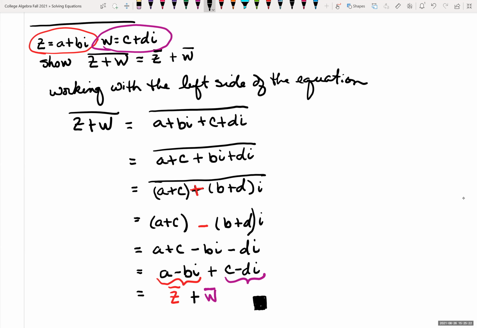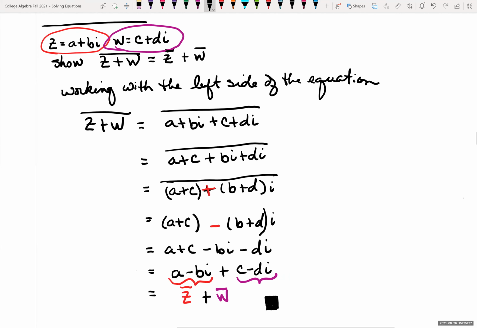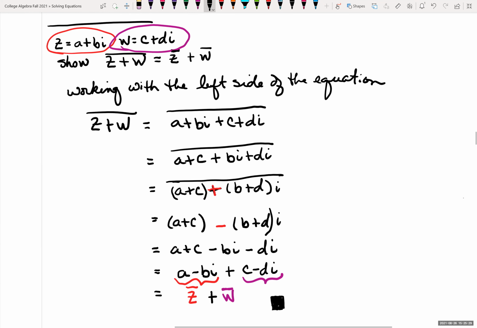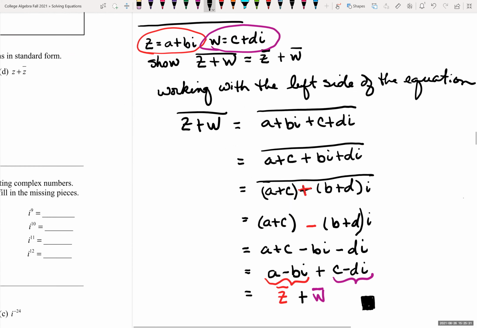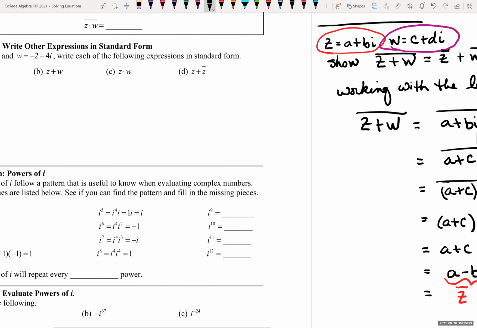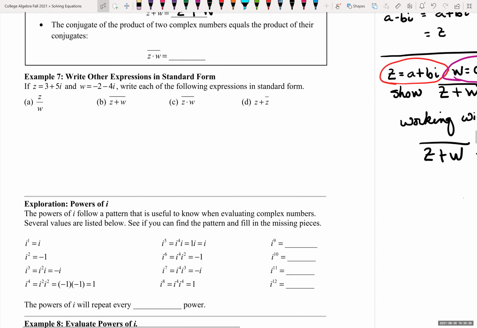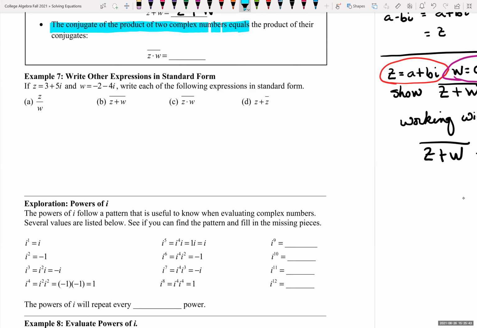Okay, so let's go to the next statement about complex numbers. What this one states now is the conjugate of the product of two complex numbers is equal to the product of their conjugates.